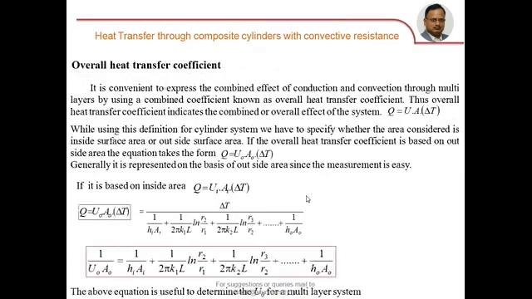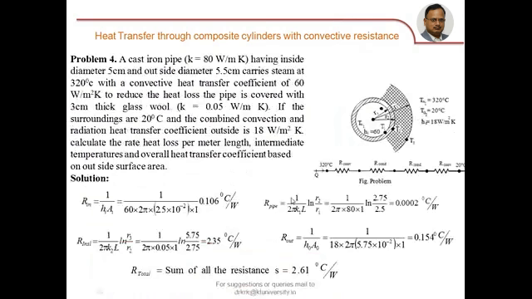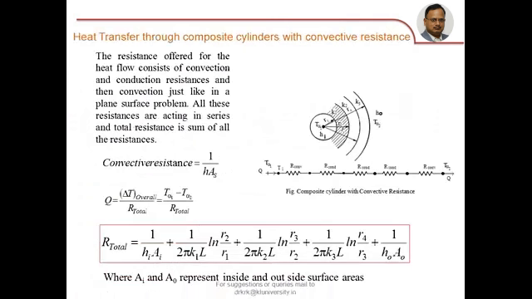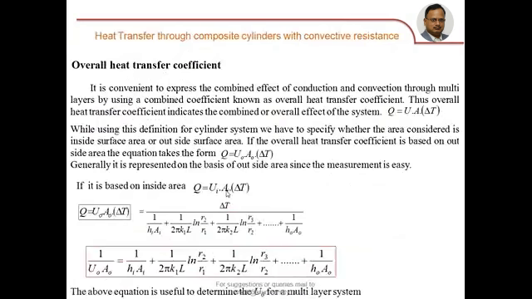One is Q equal to delta T by R total. And the same Q is equal to U naught A naught delta T. So equate both of them.